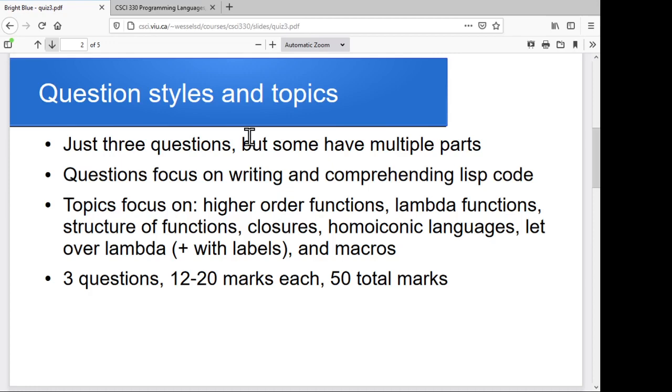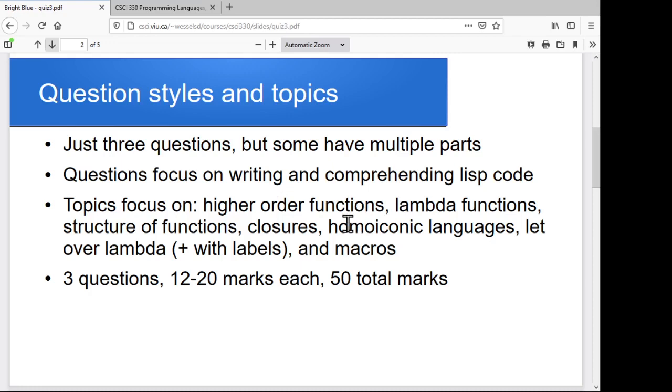What functions look like depending on whether they're created with a lambda or as a label or with defun, the use of closures, what it means to have a homoiconic language and what the implications of that are, and most certainly looking at let over lambda and let over labels over lambda, along with a bit in the way of macros. So again, there's a lot of material there.